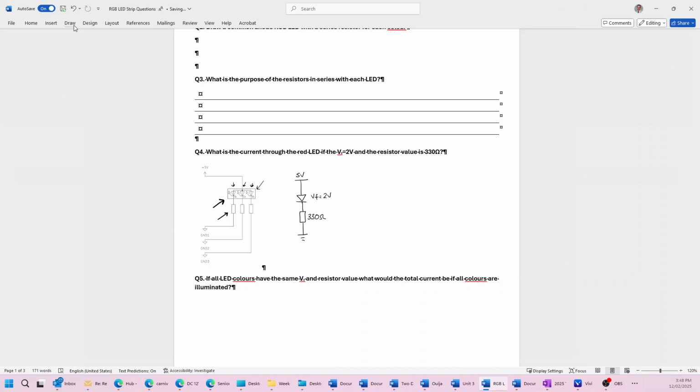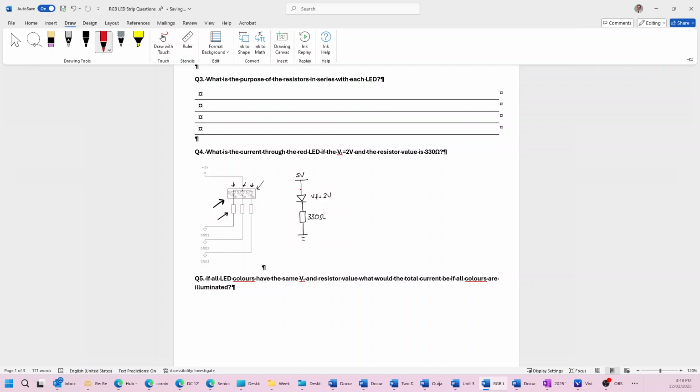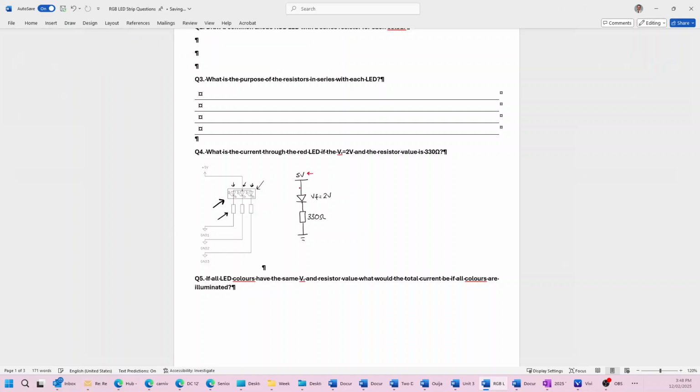So what this means is that if there is at least 2 volts available, which there is, we've got a 5-volt supply, the LED is going to drop 2 volts across itself, and whatever's left of the original supply will be dropped across this series resistor. So there's going to be 3 volts across that resistor.